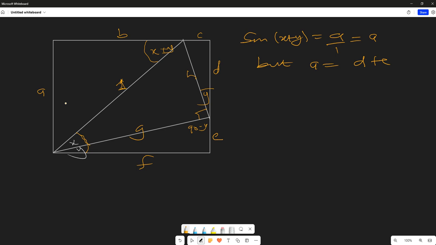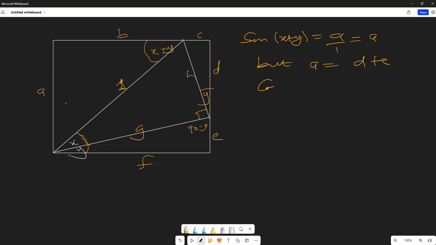We'll now find an expression for D and E and use that to represent A. So let's go to D. D in this triangle is the adjacent side of the angle Y, so we have to use cos there.